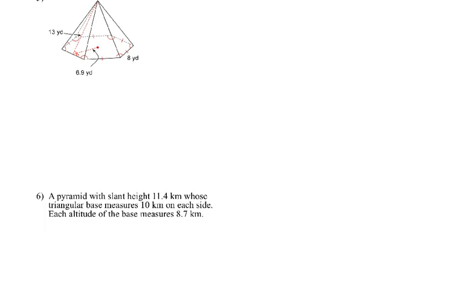All right, number 6. And of course it doesn't give me, oh wait, it does give me some space. All right, a pyramid with a slant height of, I don't really care yet, whose triangular base, that's what I want to work on. So I want to draw this first. If it has a triangular base, I'm going to give myself a triangle.